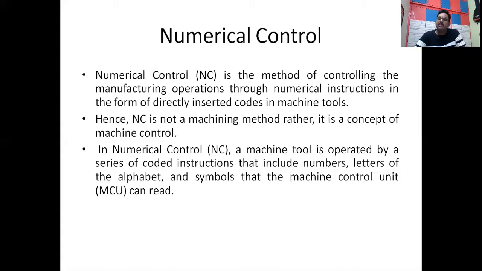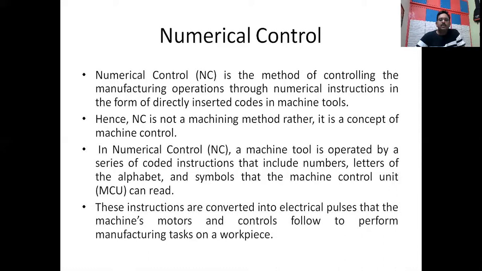Now, the machine will be given instructions in the form of letters of the alphabet, numbers, or symbols, and the machine tool can understand these instructions with the help of a machine control unit called MCU. These instructions are converted into electrical pulses that the machine's motors and controls use to perform the manufacturing tasks on a workpiece.